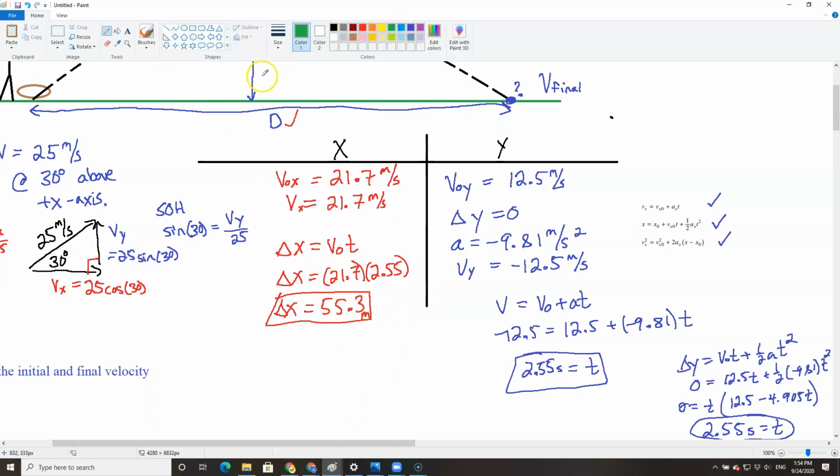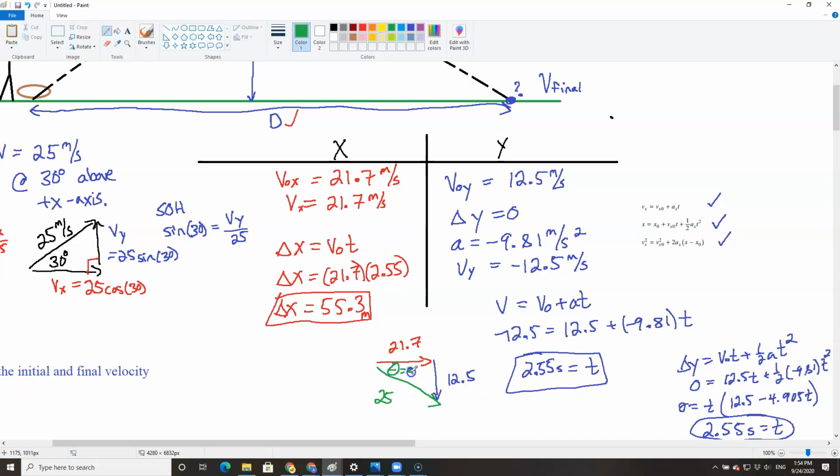Next thing is let's focus on the final velocity. For the x direction it is 21.7. For the y direction, it's negative 12.5. So that's a downwards arrow. Normally, I would have to use Pythagorean's theorem, 21.7 squared plus 12.5 squared, all under square root, and I would get 25.